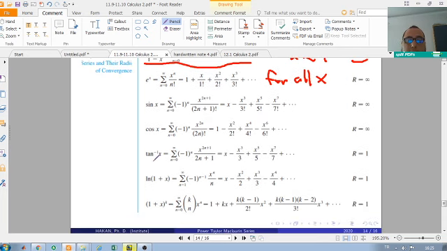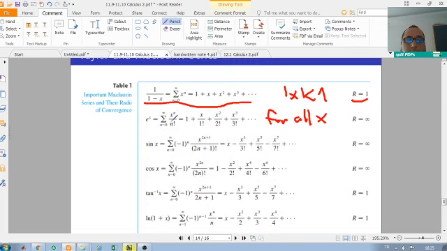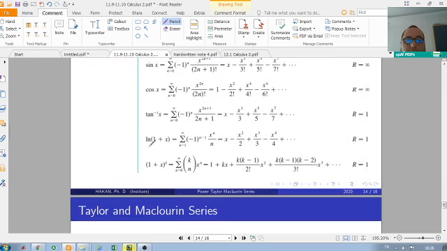And we found arctangent x. We found the Maclaurin series of arctangent in the previous examples, you know, by using the main formula, which is 1 over 1 minus x is equal to the power series written here. And we found also ln(1 plus x) in this form, and it is valid if the absolute value of x is less than 1.